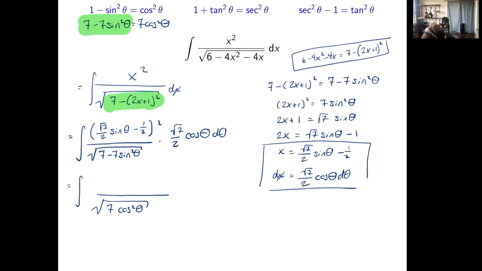I'll expand the top, and we get 7/4 sine squared theta minus root 7 over 2 sine theta plus 1/4. And then I'm still multiplying by root 7 over 2 cosine theta d theta. So now let's turn the denominator into root 7 times the cosine of theta.